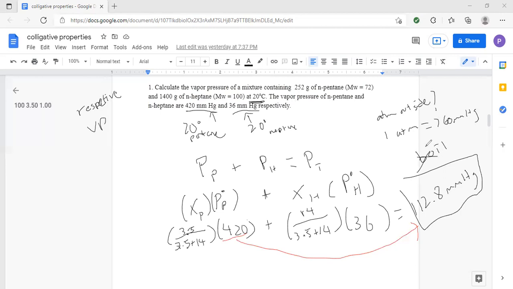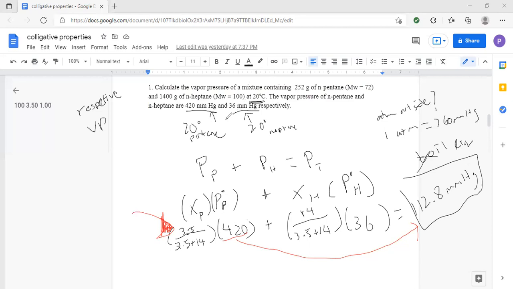The mixture would be a liquid, because it would have to rise much more. So one way we can make it rise would be perhaps to increase the mole fraction here, so we basically get a larger percentage of the pure pressure of pentane, since it's a little bit higher.